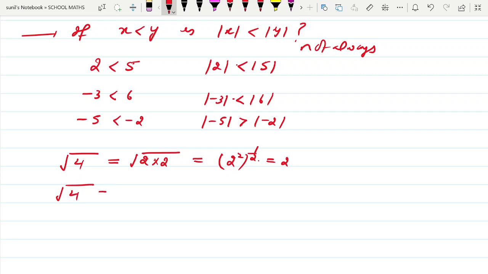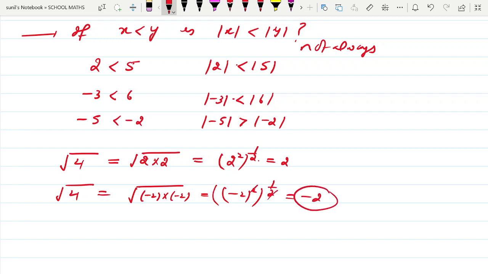We could also write mod of 4 as minus 2 into minus 2. So this way you will be writing minus 2 square. This will get cancelled. So where is the mistake, guys? If I compare this, then 2 equals minus 2, which is absurd.